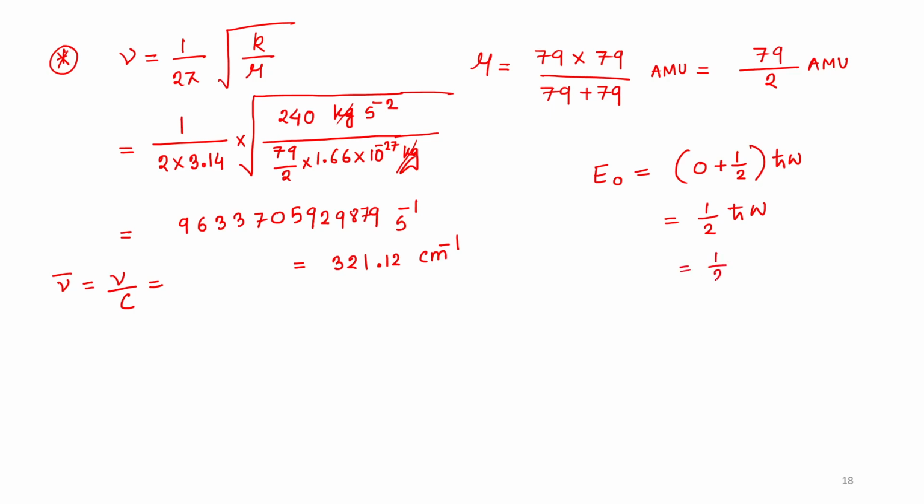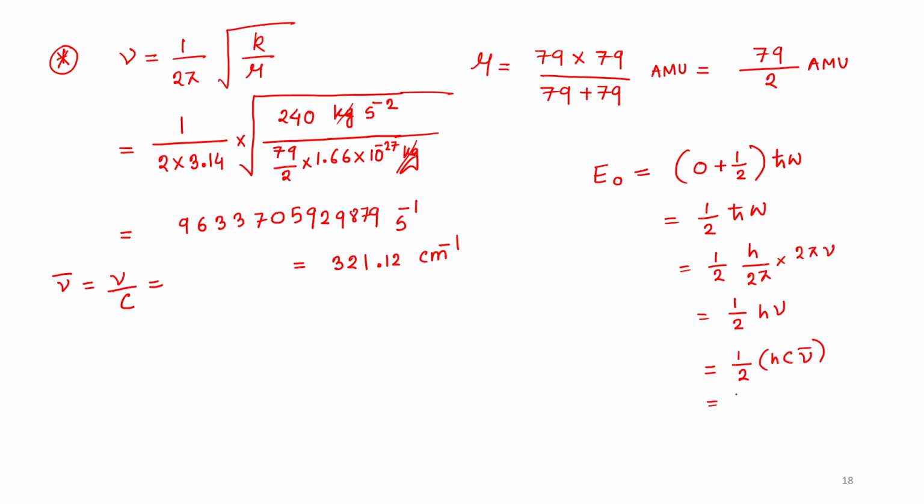See, half, this is h by 2 pi, and also we have learned that omega is 2 pi nu. So this is in terms of only h nu. Another way would be h c nu bar, right?